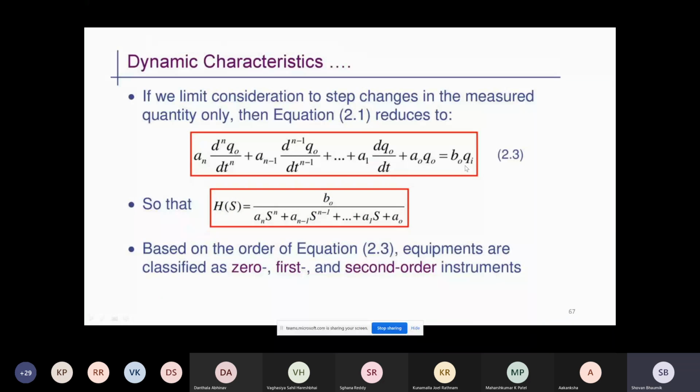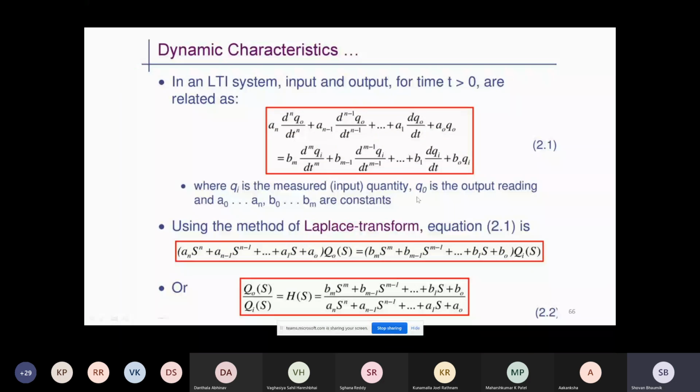We can assume such, but it is not necessarily so, and definitely it never goes such a way, because if H(s) is this transfer function 2.2, and you solve the characteristic equation of the numerator, that means b_m s^m plus b_(m-1) s^(m-1) plus ... equals 0, as an algebraic equation, you will get m number of roots, and those roots are known as the zeros of the system.